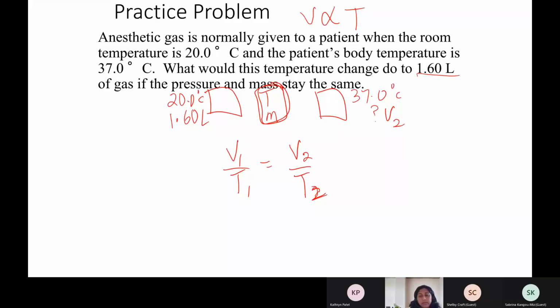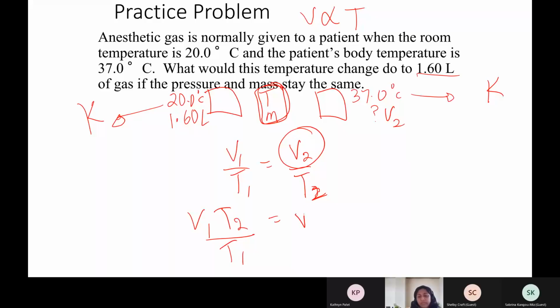The temperatures have to be in Kelvin, so these have to be changed to Kelvin before you apply them in the equation. Then the only thing missing is V2. So you rearrange this equation: V1 T2 over T1 equals V2. Questions?